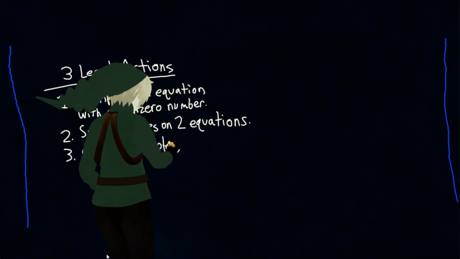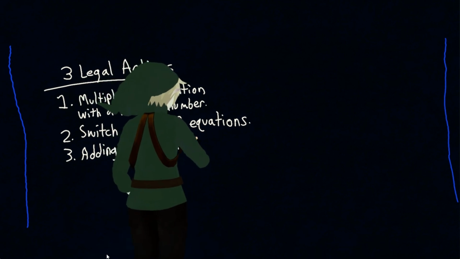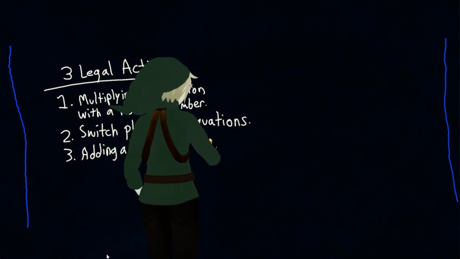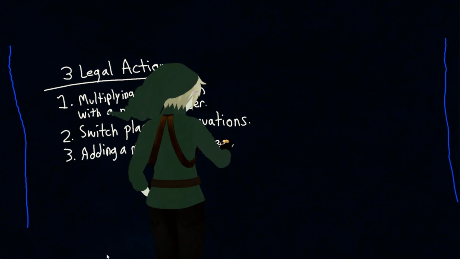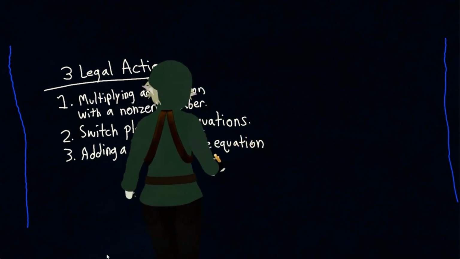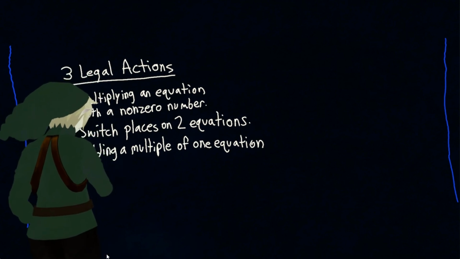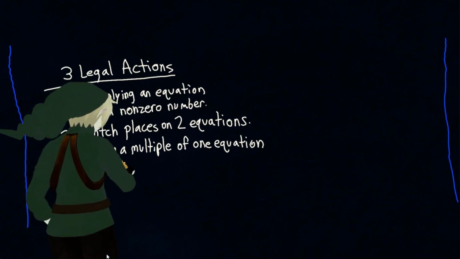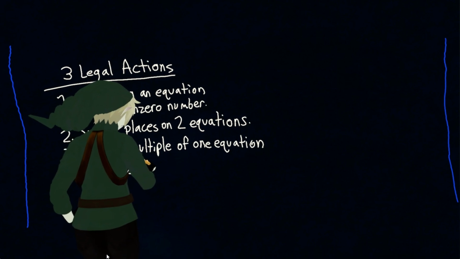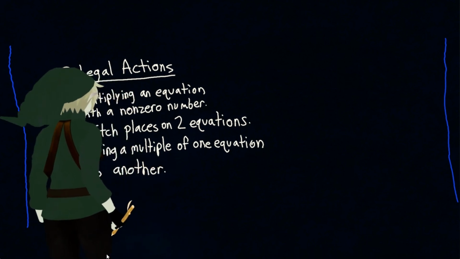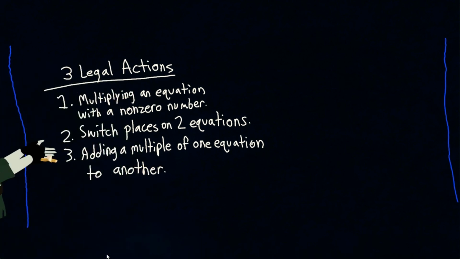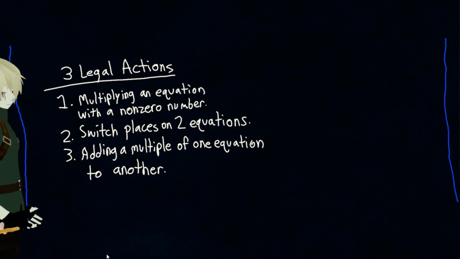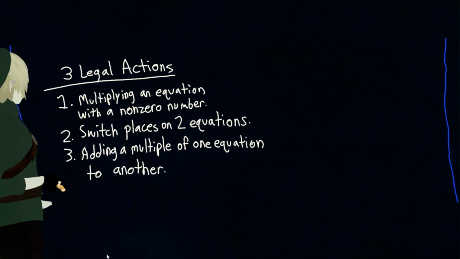Adding a multiple of one equation to another. So these are the 3 legal actions that we can use to solve a system of equations.